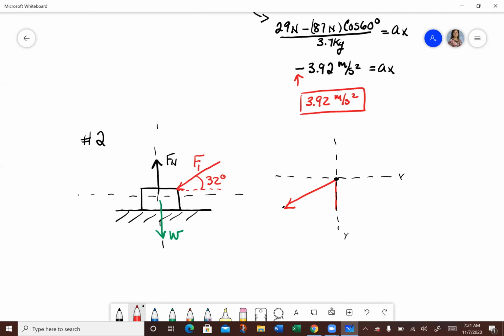So again, I'm going to go down and across like that. This angle here is 32 degrees. So if that's F1, this is going to be F1Y, and this is going to be F2X.